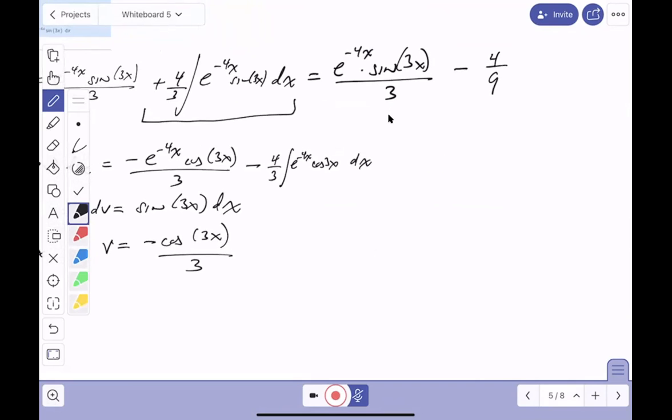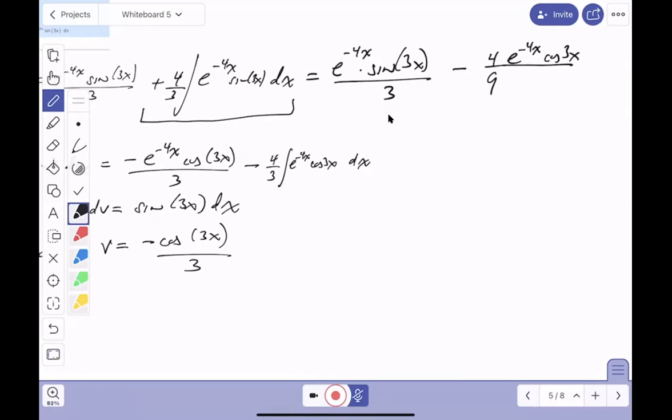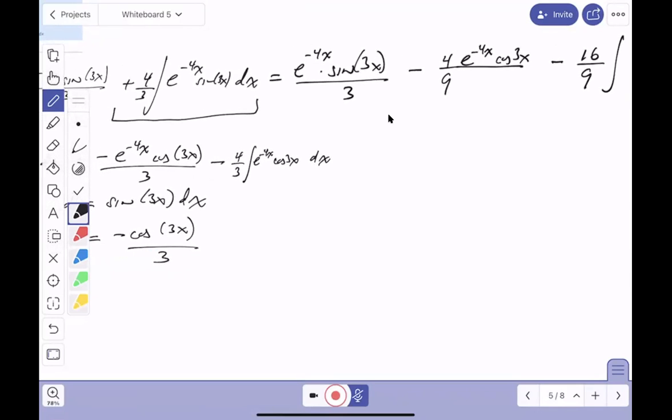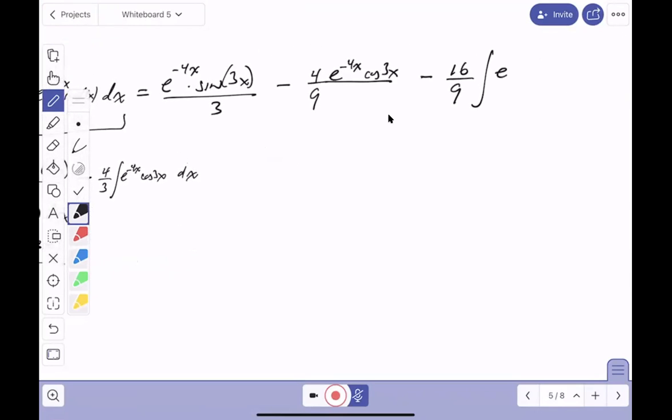Don't we have the key to check? E to the minus 4x cosine 3x. I think I did it right over there. And then what do you get? Minus 16/9 e to the minus 4x.